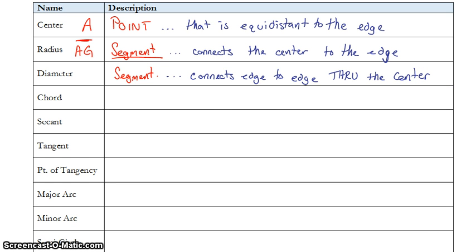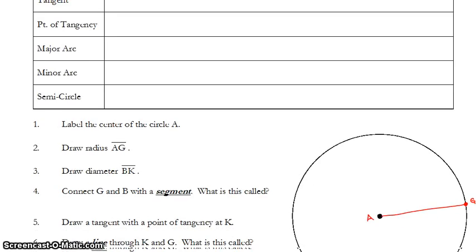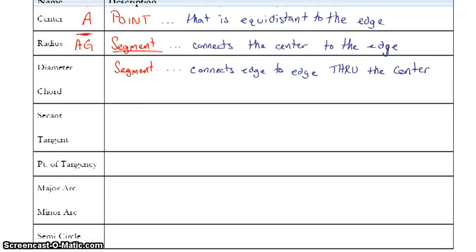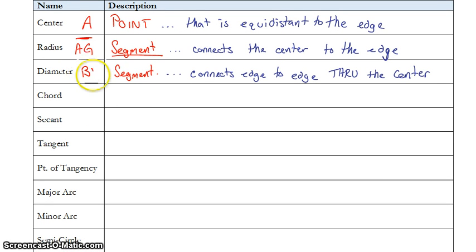Again, if we scroll down, it says number 3, draw diameter BK. That means B is going to be on an edge, K is going to be on an edge, and it's going to connect like this, so that B and K, that segment, goes directly through the center. That's a diameter. I just drew segment BK. I label it or write it geometrically like that.